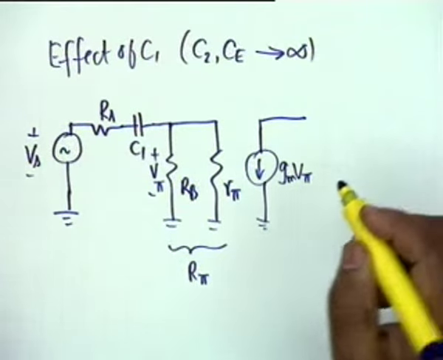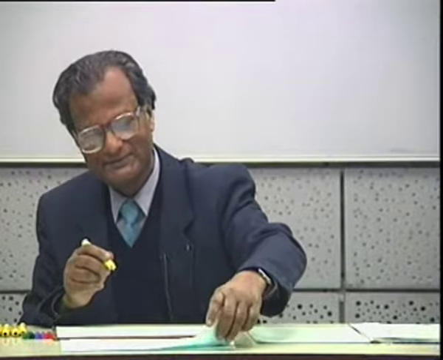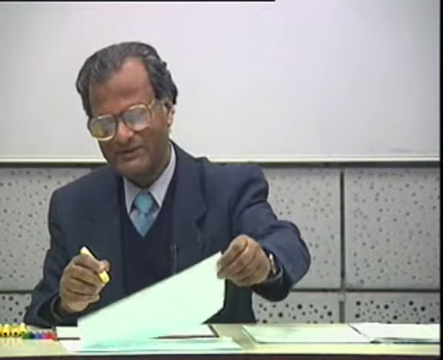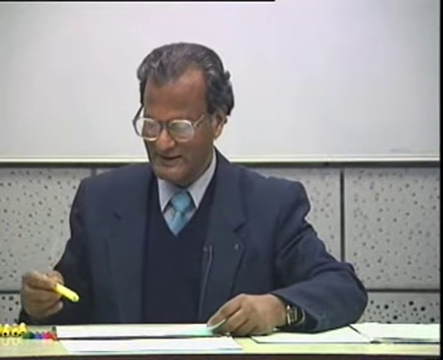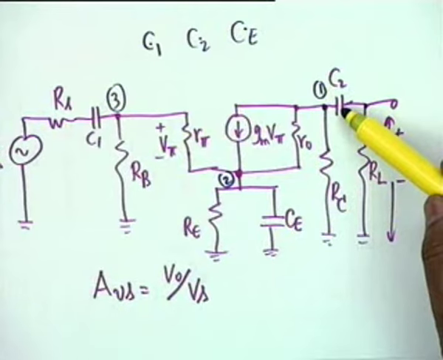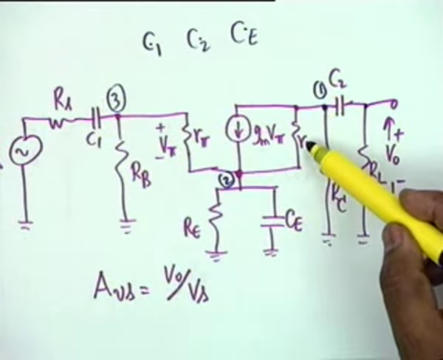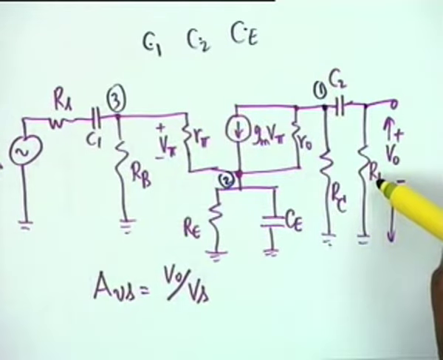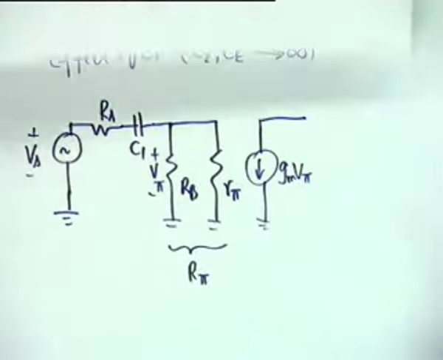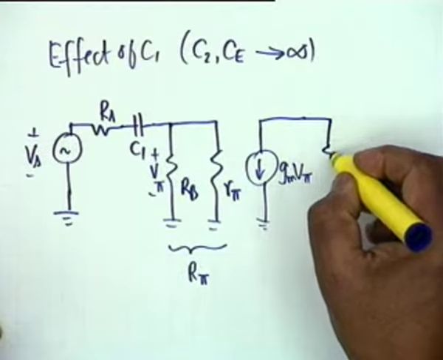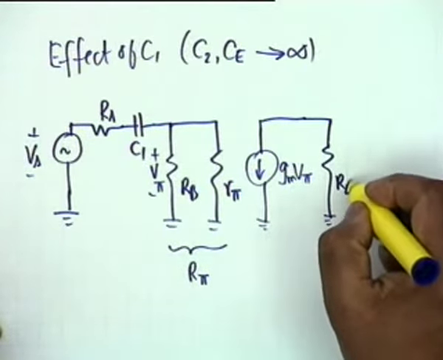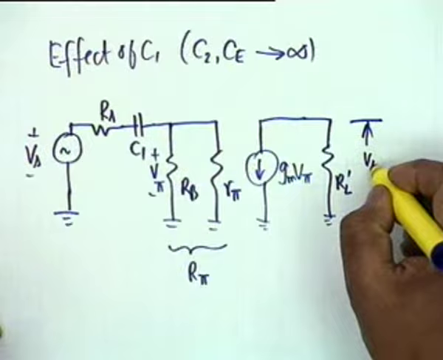If you look at this now, let's do this simplification right away. C2 acts as a short and R0 goes to ground, and therefore R0, RC and RL come in parallel, which we can combine into a single resistance RL prime, and this is V0.